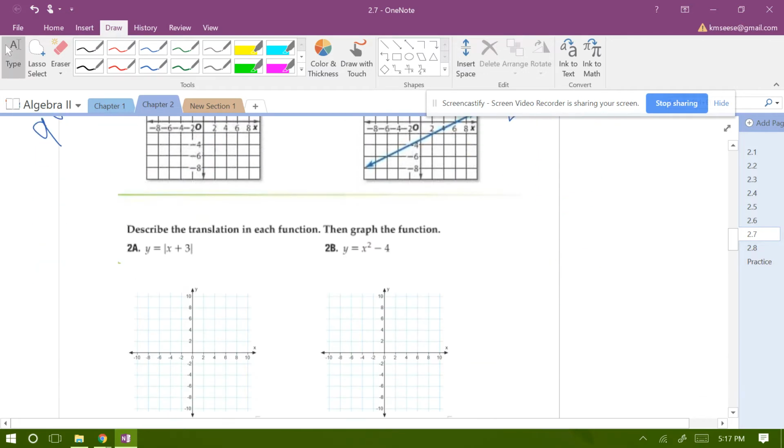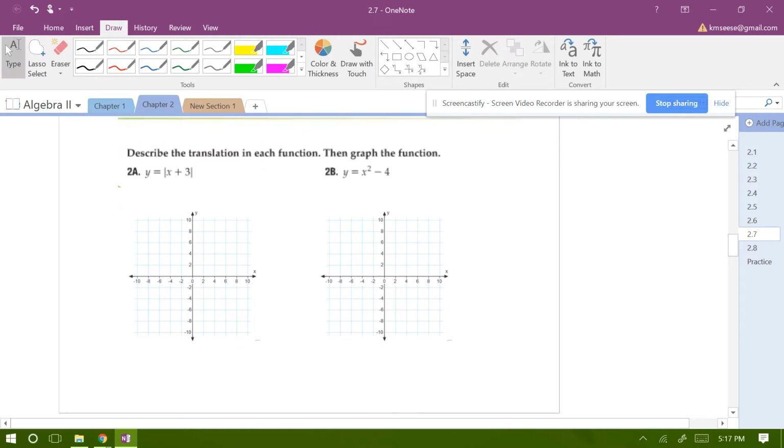So now we're going to look at and kind of play around with what happens when we actually graph these functions. So we have the absolute value of x. Well, first and foremost, I want you to try to identify the function. If we graph the absolute value, you need to know your parent.